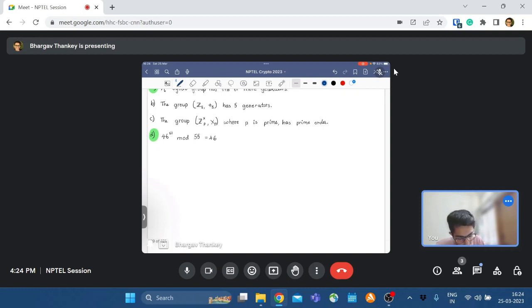Okay, so first of all, since we have mod 55 over here, and the operation is multiplication, the group that we are working with is this.